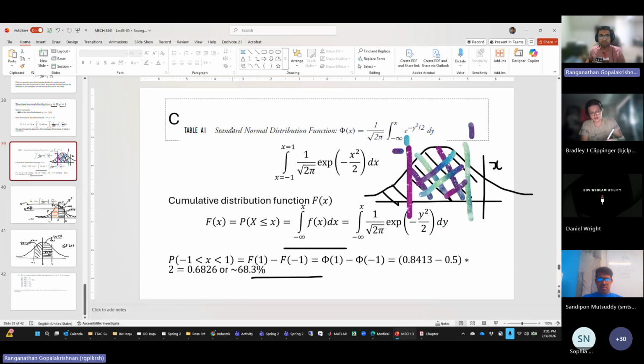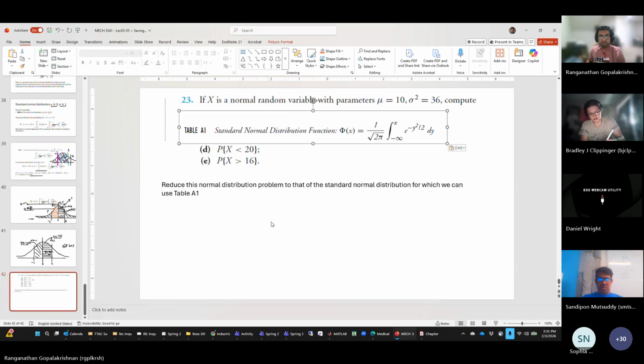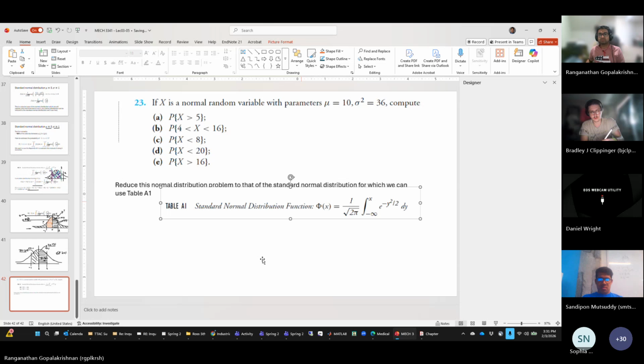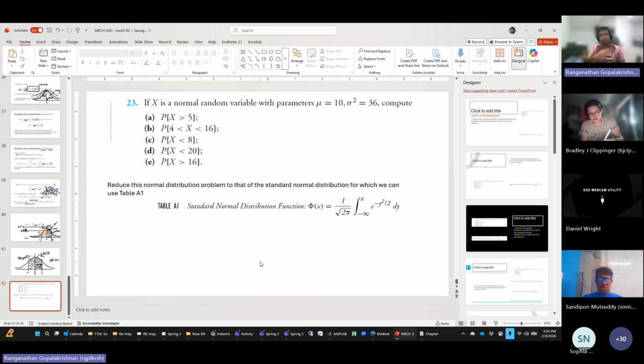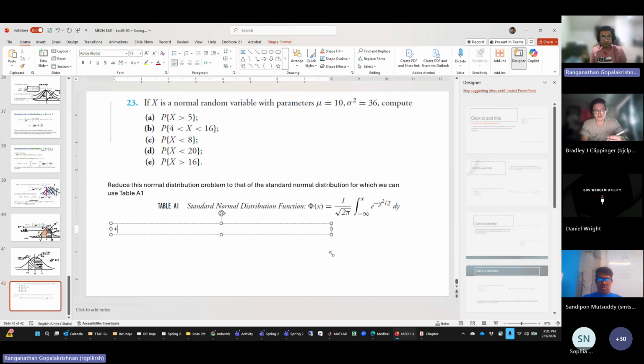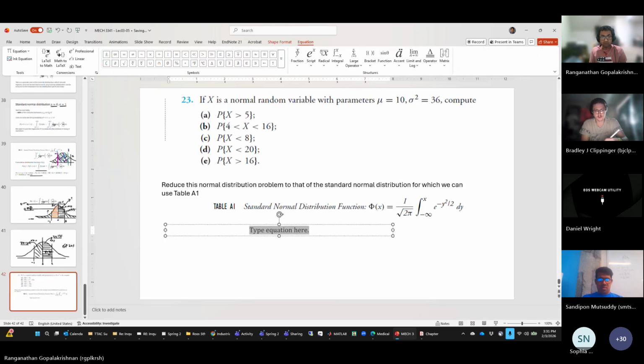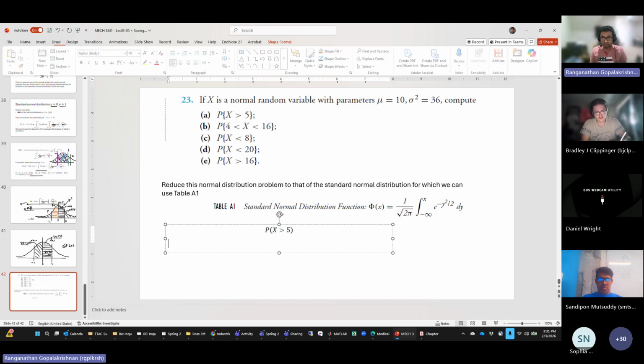Sorry, I want to just copy paste this function so that you can use this table. So here we go. What do you want? You want the probability of X greater than 5, right? So that's what you want.